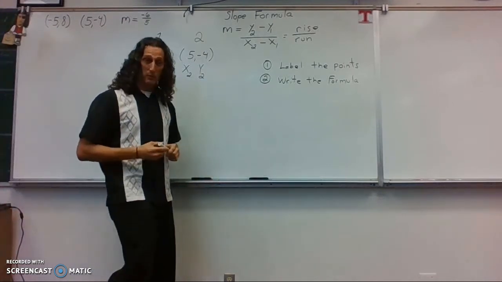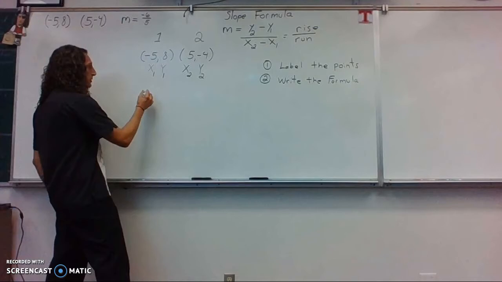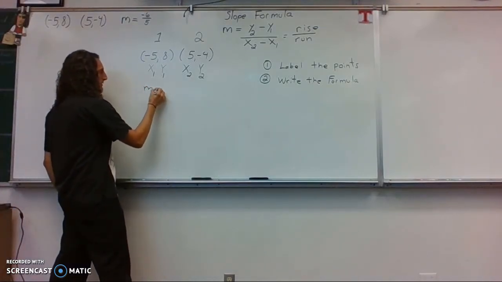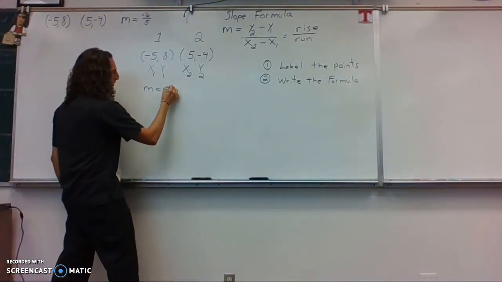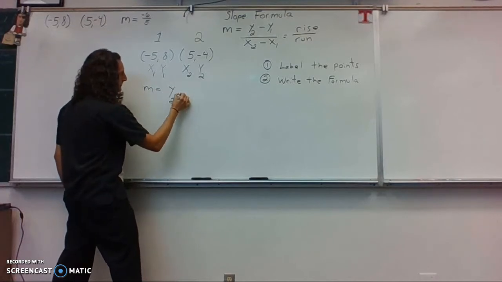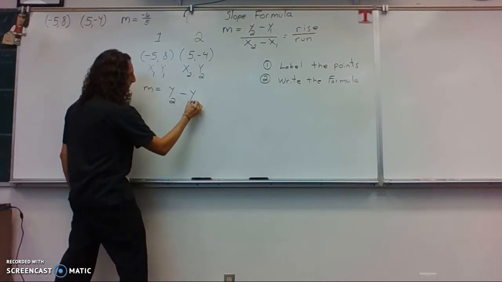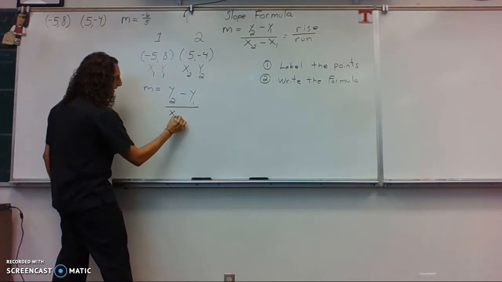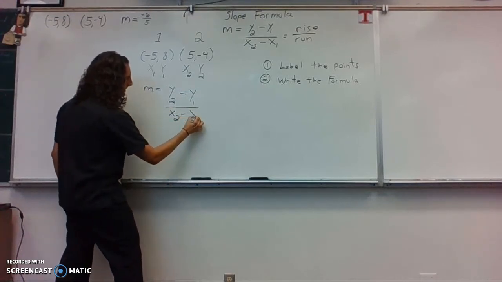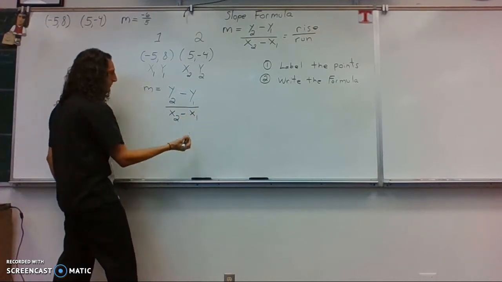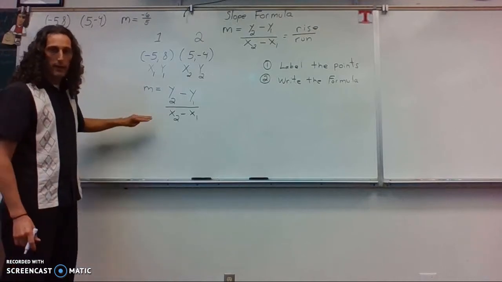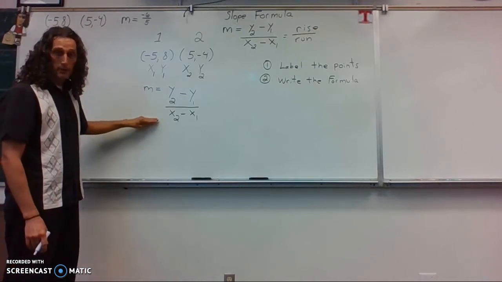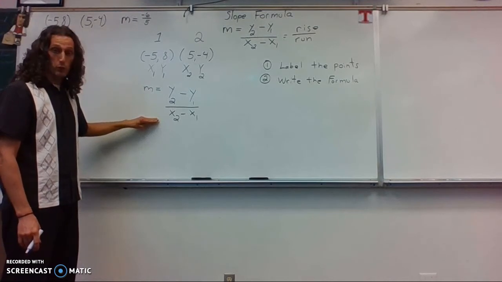So step number 2 is write it out. So I put my m equals y2 minus y1 all over x2 minus x1. So every single problem that you do today, I better see this as step number 2.